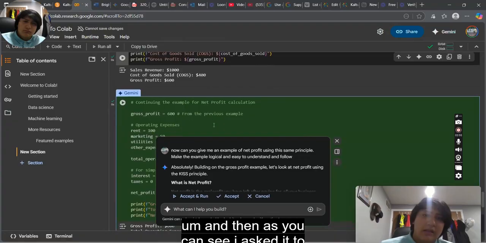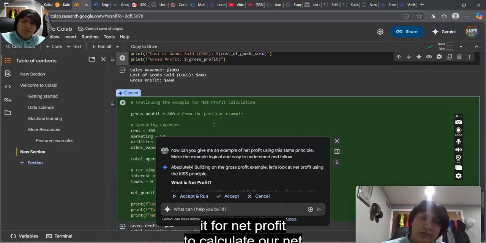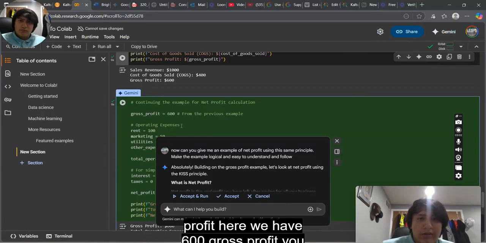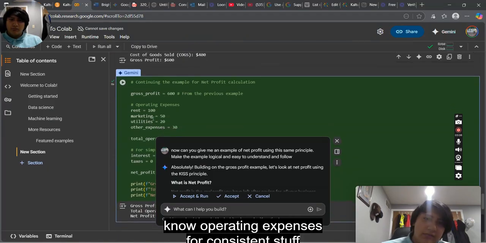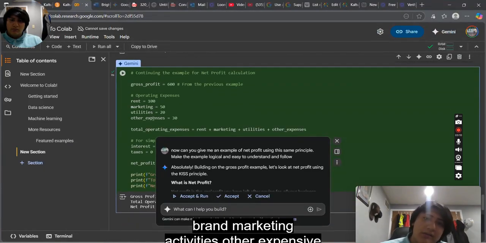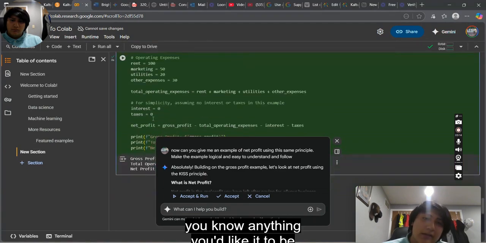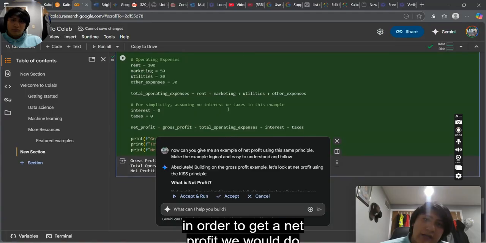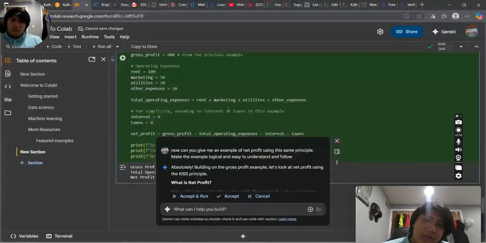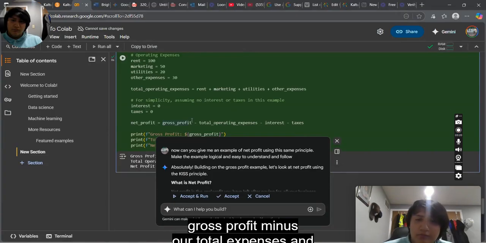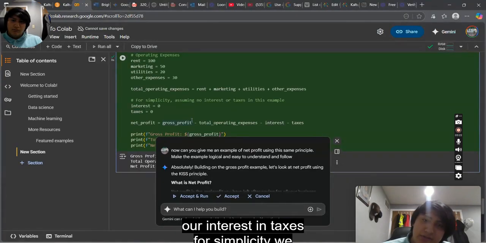And then, as you can see, I asked it to take it a step further. We asked it to calculate our net profit. Here we have 600 gross profit. Operating expenses consist of branding, marketing, utilities, other expenses, which could be overhead, anything you'd like it to be. In order to get net profit, we would do gross profit minus our total expenses and our interest and taxes.